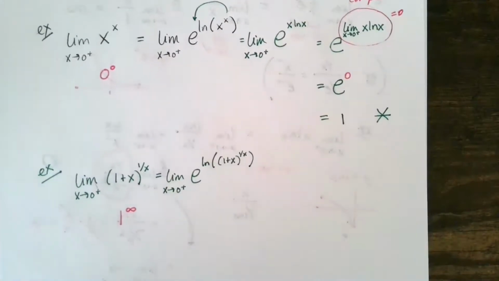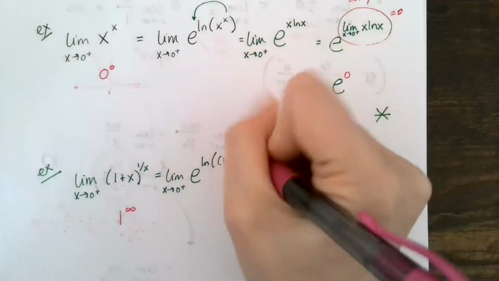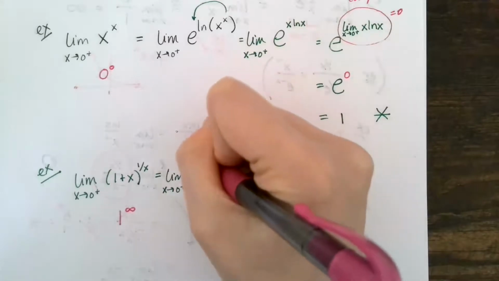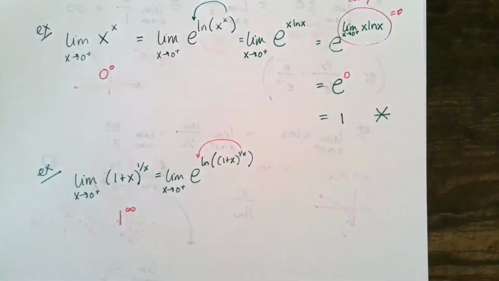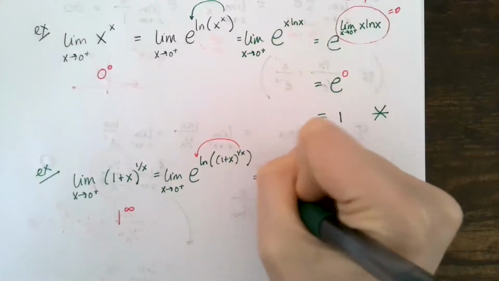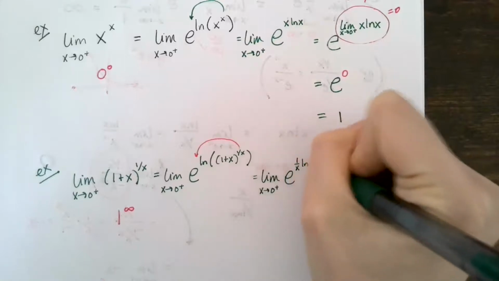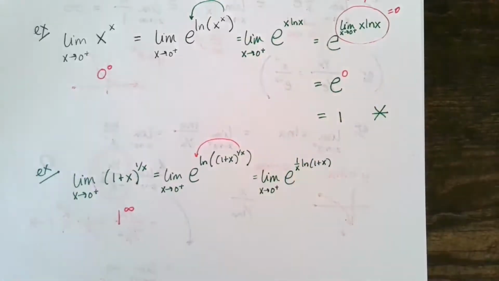E to the ln of the original function, which looks very hideous, but it'll start to get a little bit better. This 1 over x exponent up here, because it's inside the logarithm, can come down out front as a 1 over x out front. So just 1 plus x is left over in the ln.